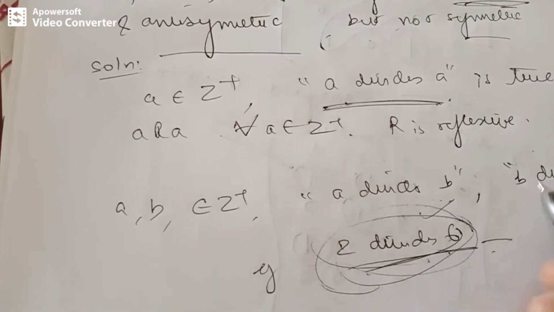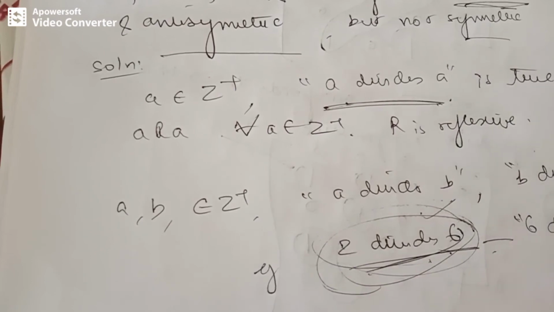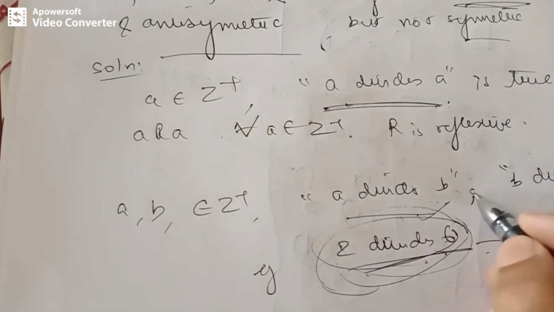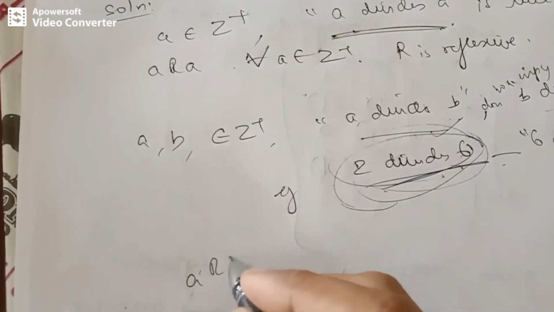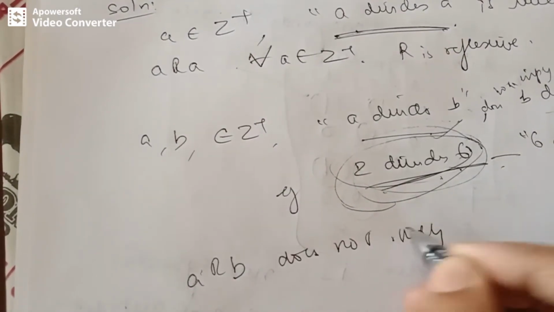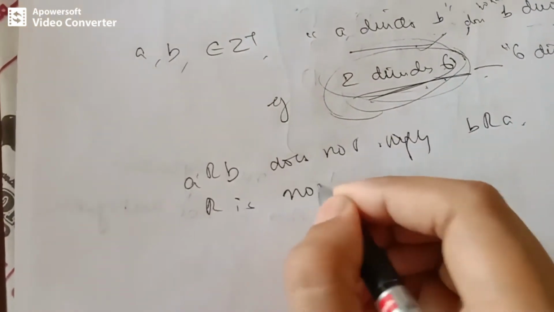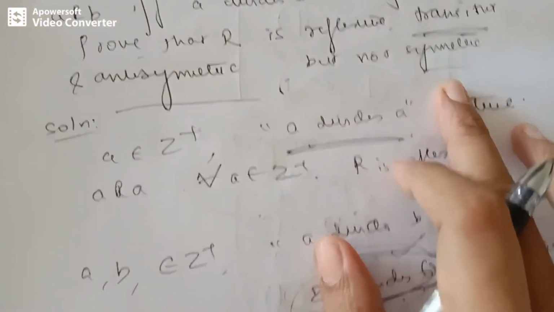This is true. But 6 does not divide 2 at all. We have a remainder. So a divides b does not imply that b divides a. Therefore, the relation a related to b does not always imply that b related to a, and hence R is not symmetric. So we have proved the second part.